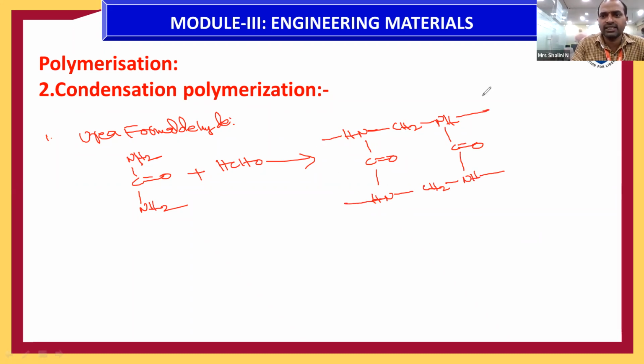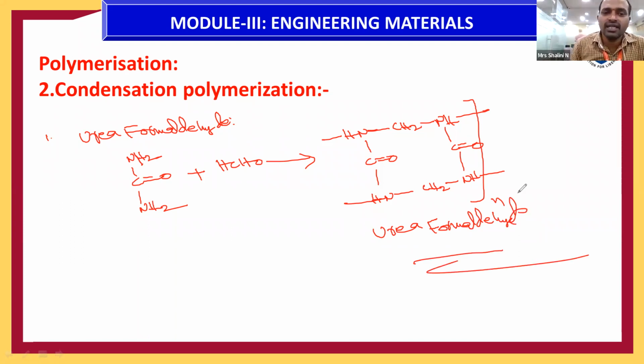So this is the structure of urea formaldehyde. Urea formaldehyde is another example of condensation polymerization. Examples of condensation polymerization are nylon 6, nylon 6,6, and urea formaldehyde.